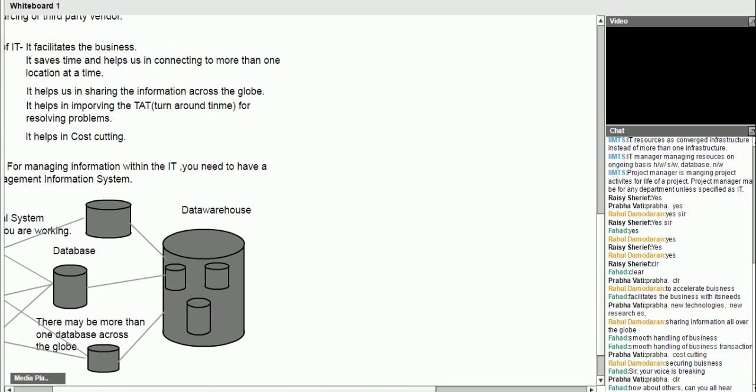Then, with the use of reporting tools, you fetch the reports for the analysis part.